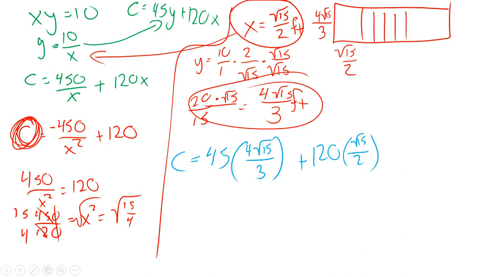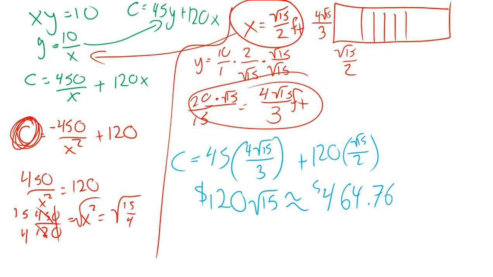And that gets us about 120 root 15 dollars, which comes up to just under $465, $464.76. So for you to start your hamster breeding company, you're going to spend $464.76 on just the fencing.